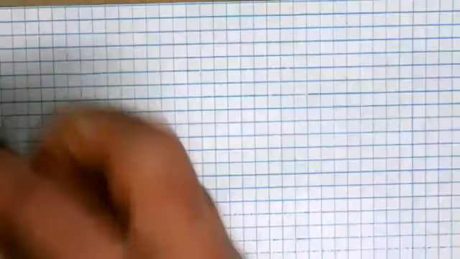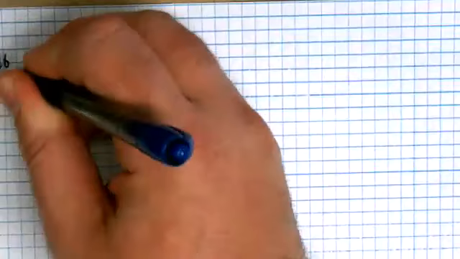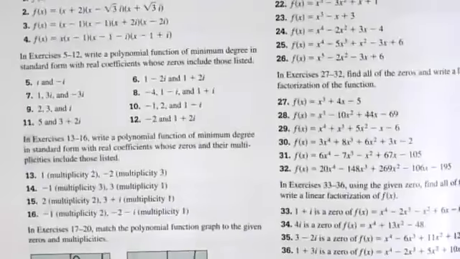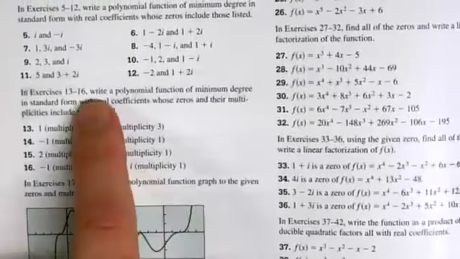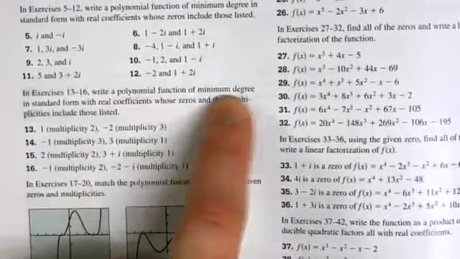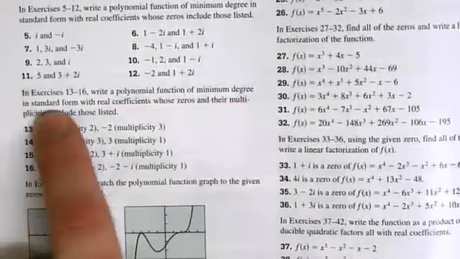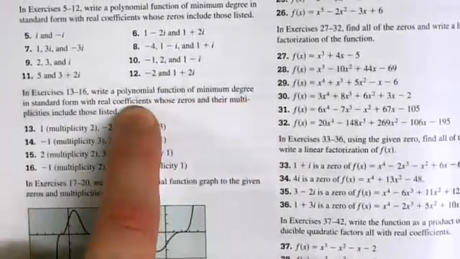Last but not least, number 16. So this is the third section of problems you're going to do. Let's have a look at our instructions here for 16. Write a polynomial function of minimum degree in standard form with real coefficients.